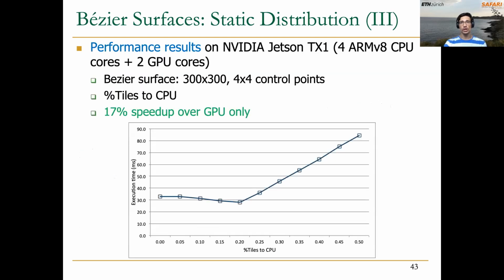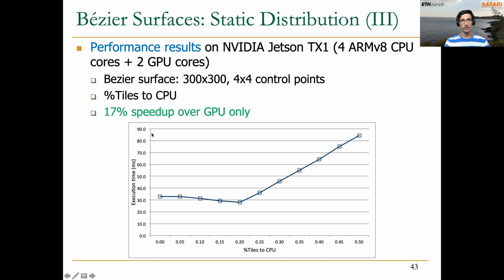Following this approach, we implemented these Bezier surfaces for an NVIDIA Jetson TX1. Remember that this is a heterogeneous platform with 4 ARM CPU cores and 2 GPU cores. We consider here a Bezier surface of 300 by 300 points and 4 by 4 control points.